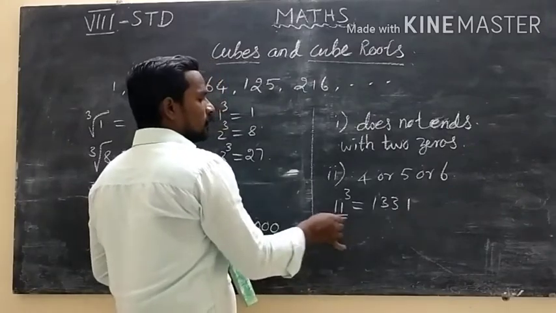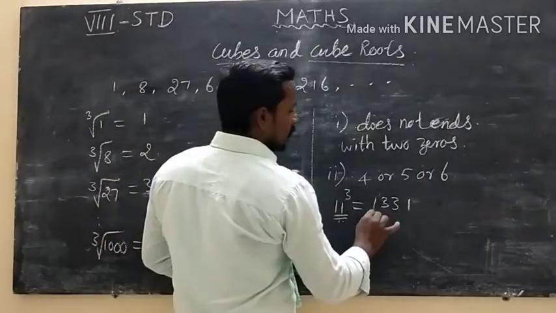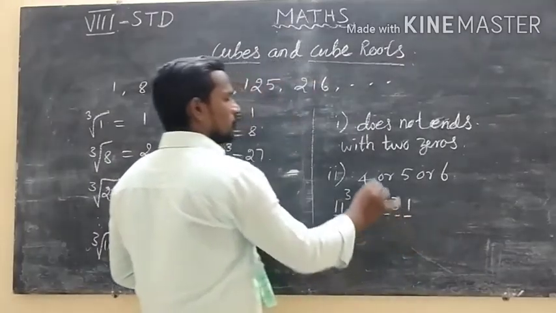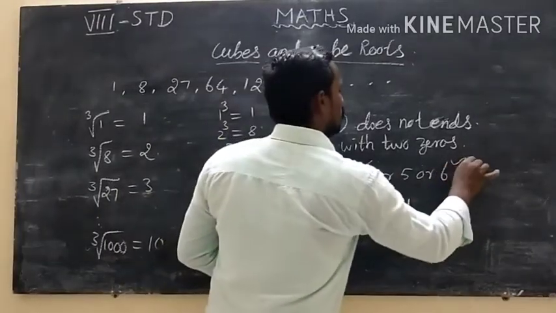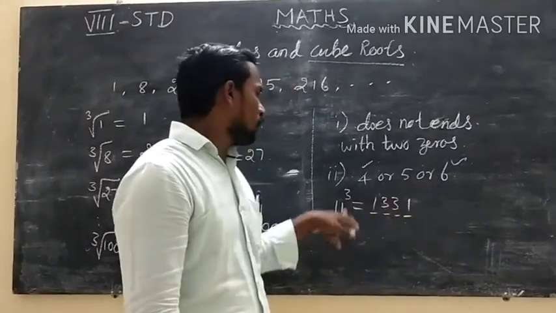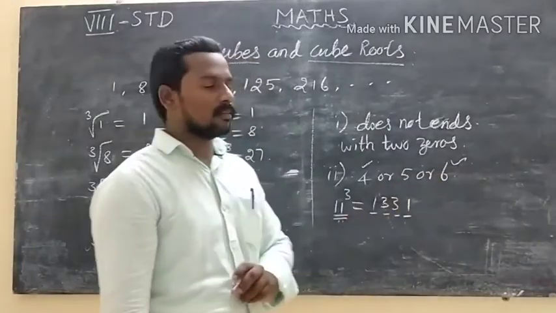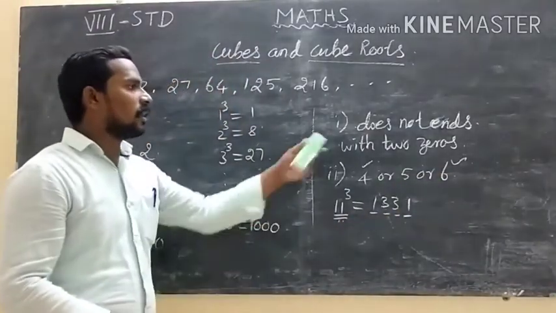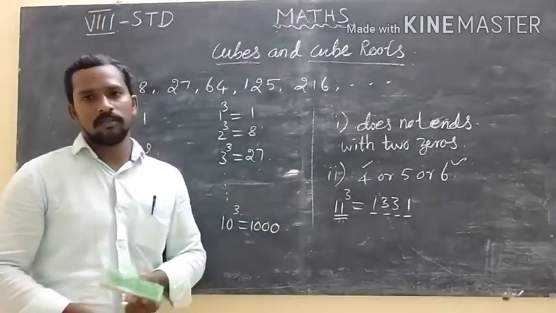So this is a two-digit number's cube, and it has 4 digits. The maximum for the cube of a two-digit number is 6 digits. These are two important notes.